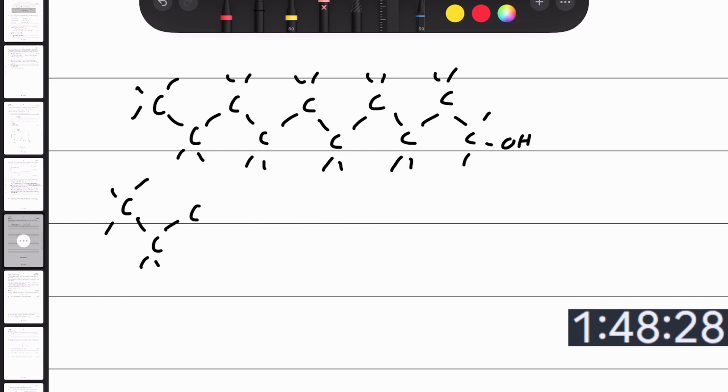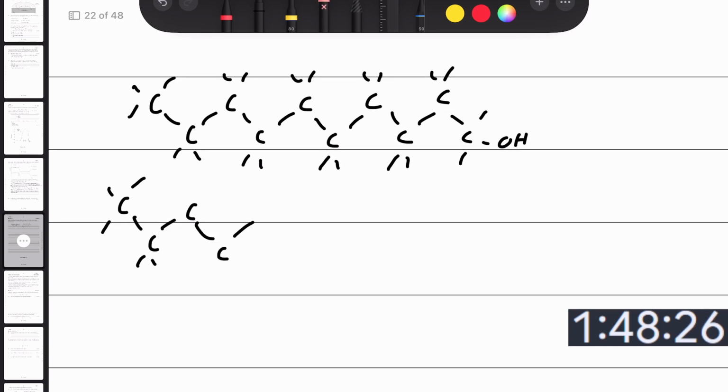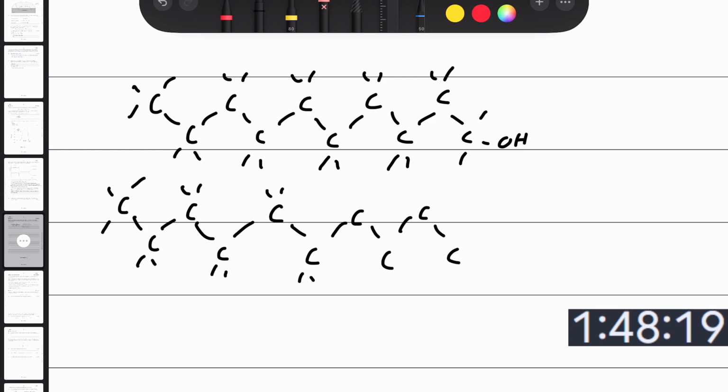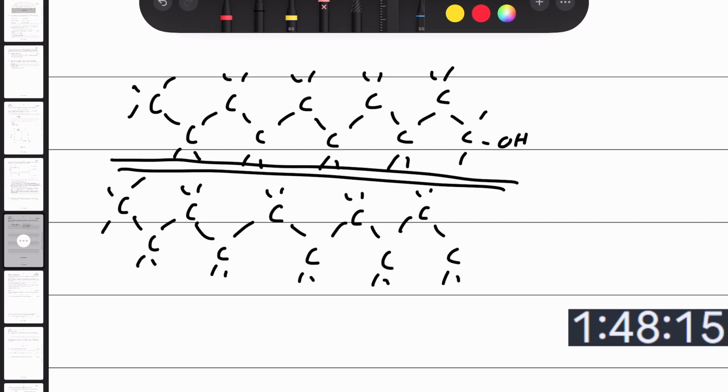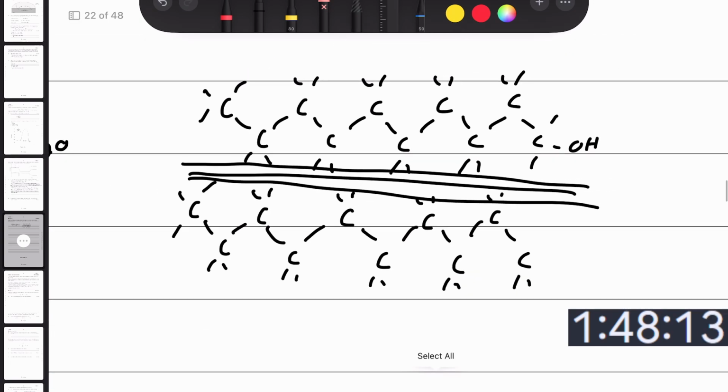I just didn't draw it spaced out, I guess. And this can be hydrogen bonding or dispersion forces.